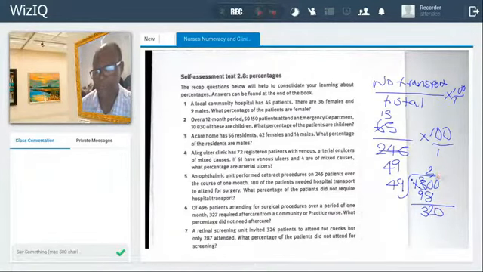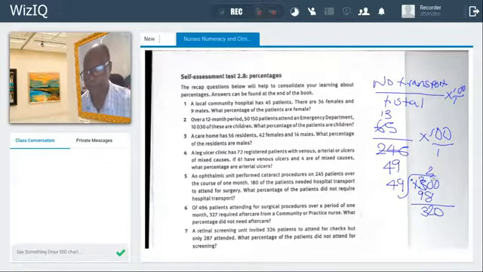Into 320, let's try 9. 9 times 9 is 81. And 9 times 4 is 36, so that's too big.